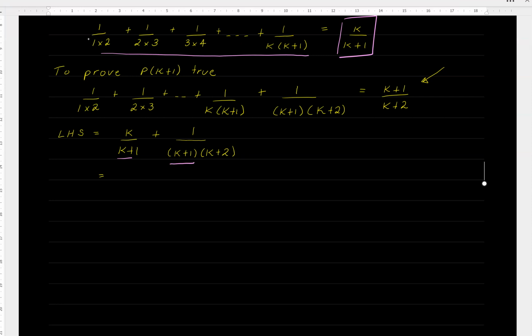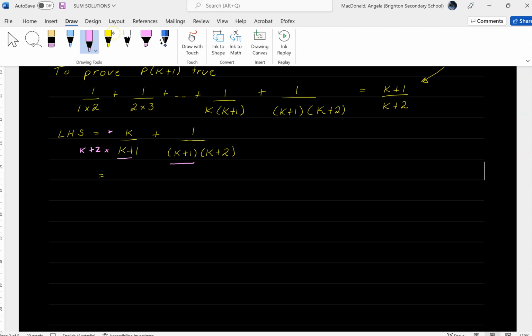So that means we want to have our common denominator of k plus 1, k plus 2. So in order to do that, I have to multiply this other one by k plus 2. And of course, what I do to the bottom, I'm also going to have to do the same to the top.